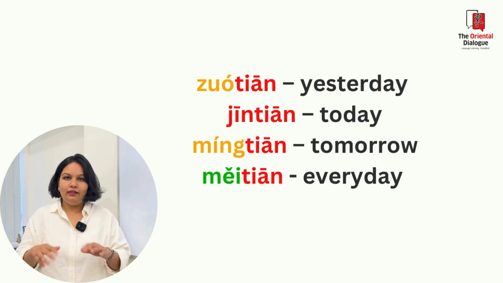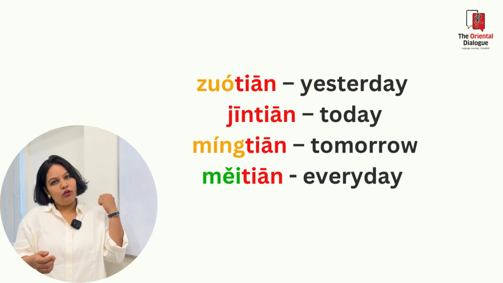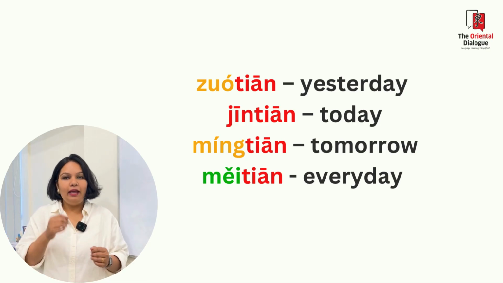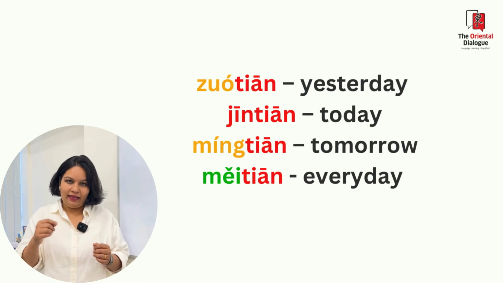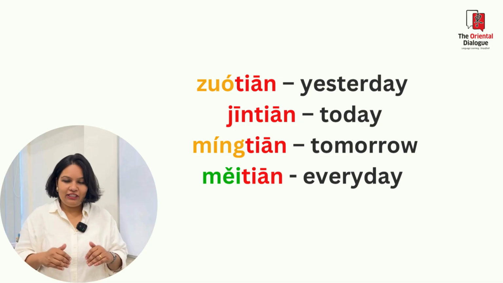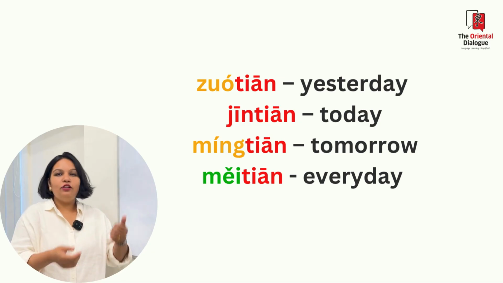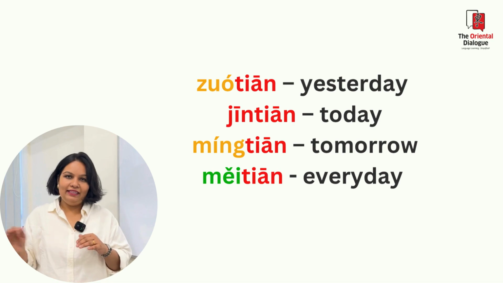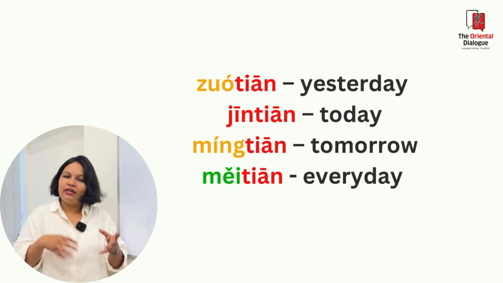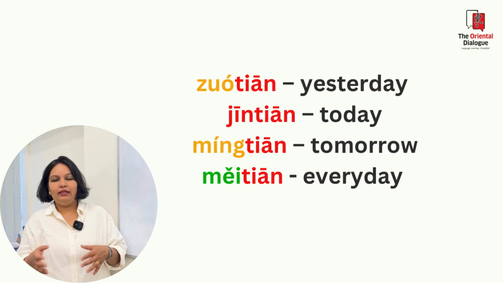So jīntiān, míngtiān, zuótiān. And what if you want to say every day? You'll say měitiān. Mei has a third tone. So měitiān, jīntiān, míngtiān, zuótiān, měitiān. This is about when you want to express that today I'm doing something, tomorrow I'm doing something, etc.